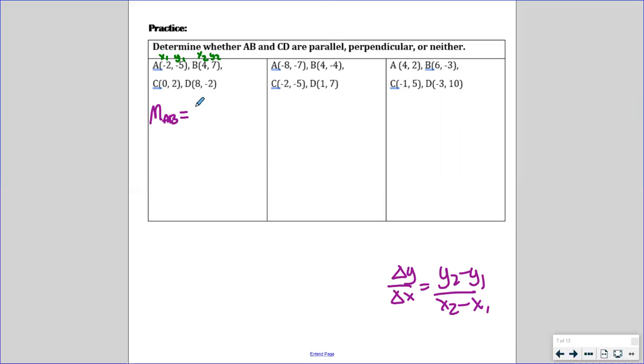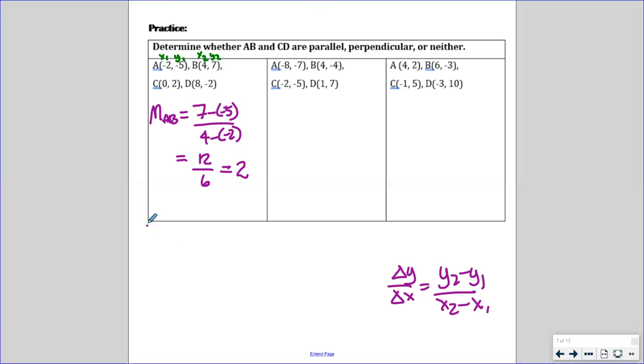Right, let's begin. So 7 minus negative 5 over 4 minus negative 2. Notice that I put the negative numbers in parentheses, so that way I don't forget that there was a negative, then a minus sign in front of it. So then this will distribute, this would be 12, and then this distributes, you get positive 2, and then it'd be 6, and then you can simplify it to 2.